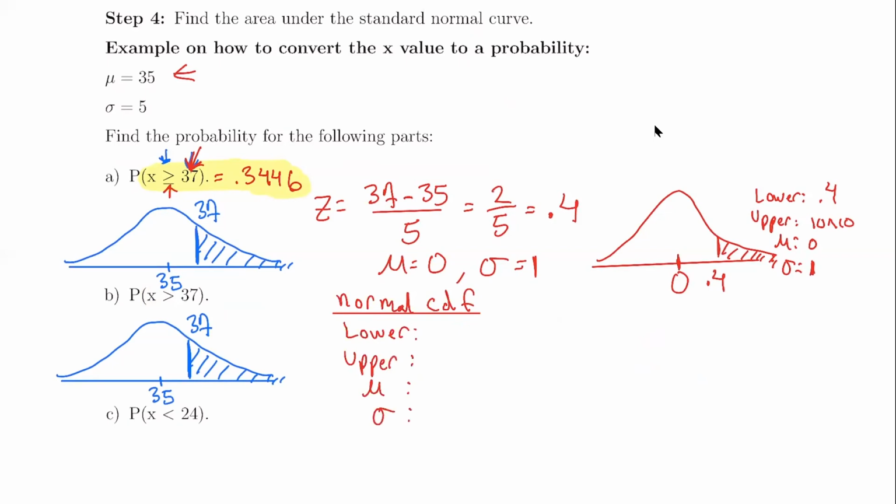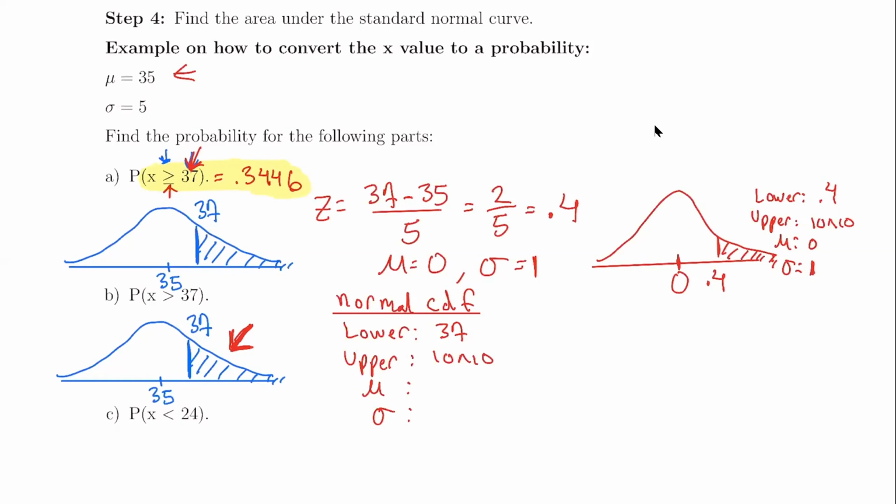For this one, we're going to look at this drawing over here and get the lower value. If you look at the lowest value that gets shaded, technically it's 37. So we're going to put 37 as the lower value. If you look at the highest value that possibly gets shaded, since you keep on going to the right-hand side, the upper is 10 to the 10 power.